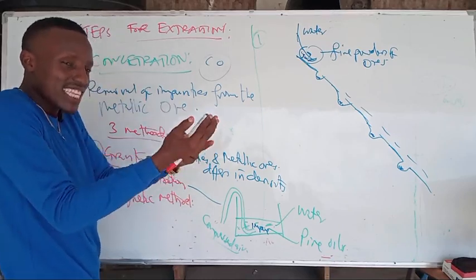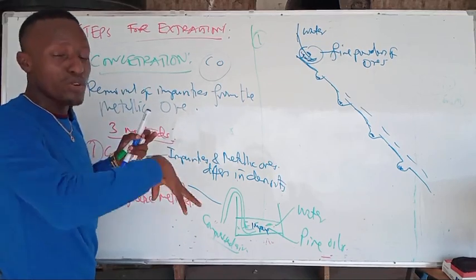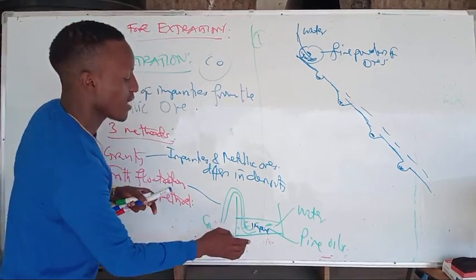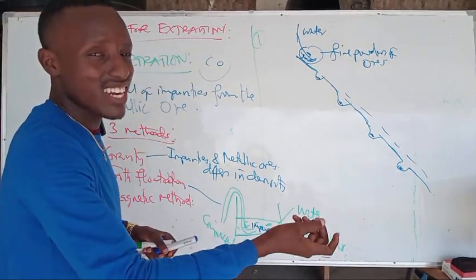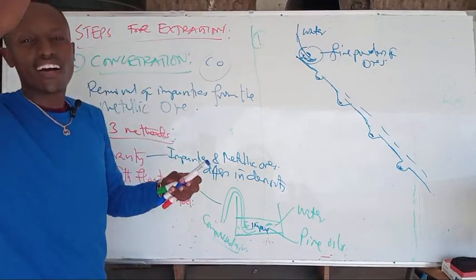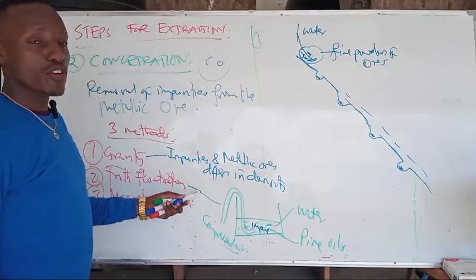So the froth is taken with a high concentration of the metallic ore, while the impurities fall down within the container, and then we take the froth to move to the third step, which is the calcination. So that's the method of froth flotation.